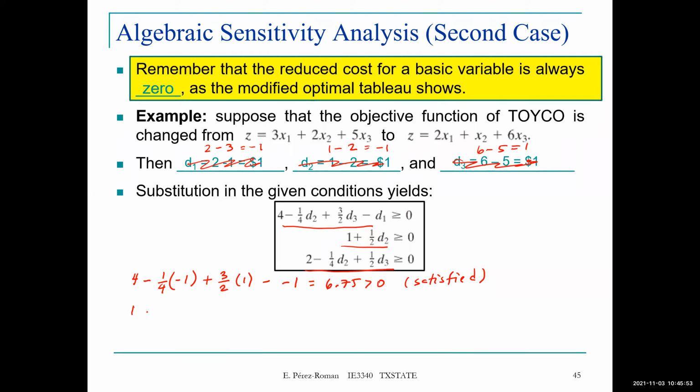And then we have 1 plus 1/2 times D2, which is minus 1. So this is 0.5, which is also greater than 0. Satisfied. And then we have 2 minus 1/4 times minus 1 plus 1/2 times 1. This is equal to 2.75, which is also greater than 0, also satisfied.